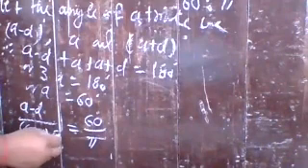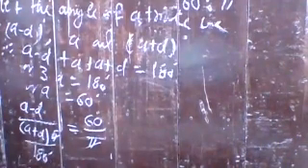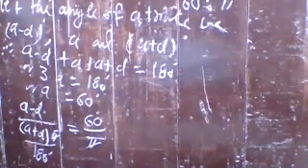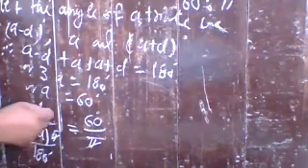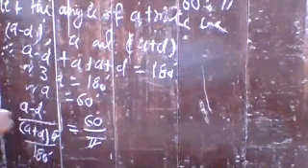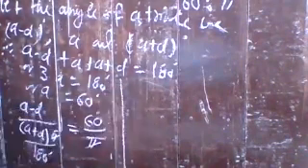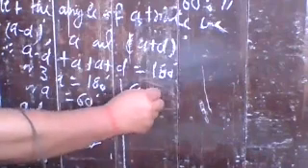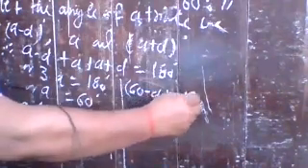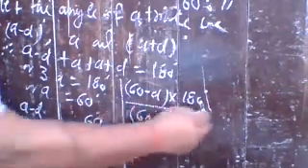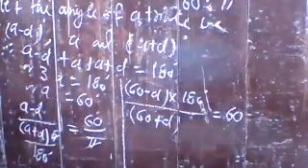So here you see that pi and pi cancel out from both sides, and this 180 goes to the numerator. Putting the value of A equal to 60 degree, which you obtained here, you have 60 minus D into 180 degree upon 60 degree plus D is equal to 60. In this way you have a result.